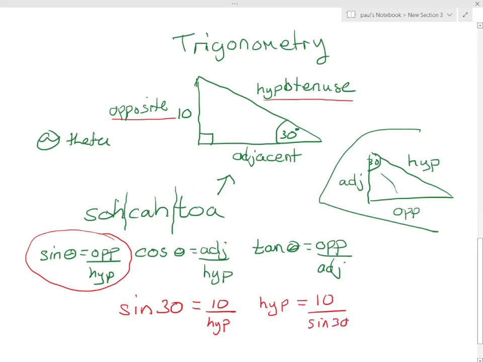On the calculator, we just do 10 divided by, press the sine button, enter 30, and that comes out at 20. So the hypotenuse is 20, whatever it is, centimeters or meters. So that's how to find a side.